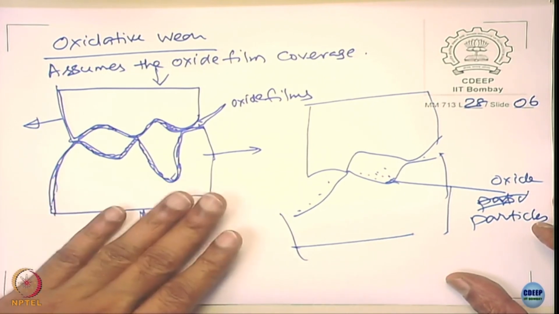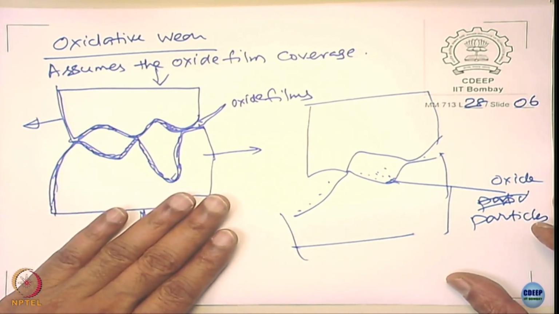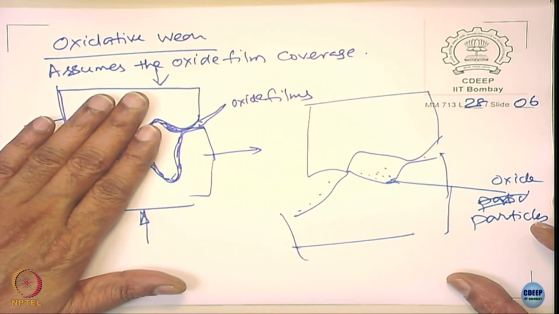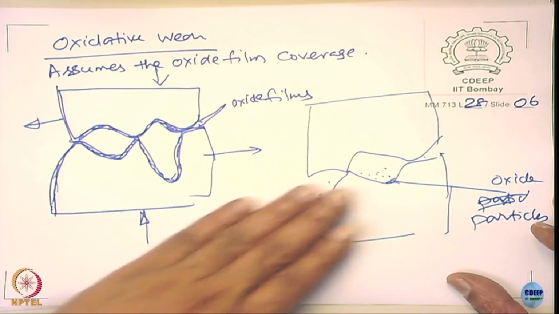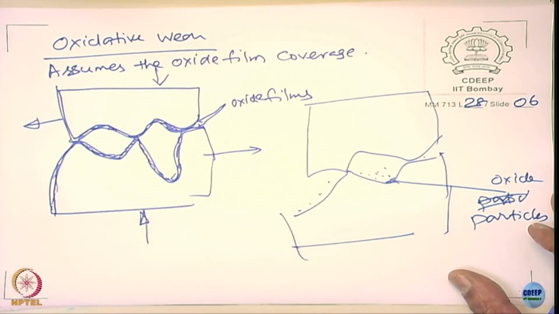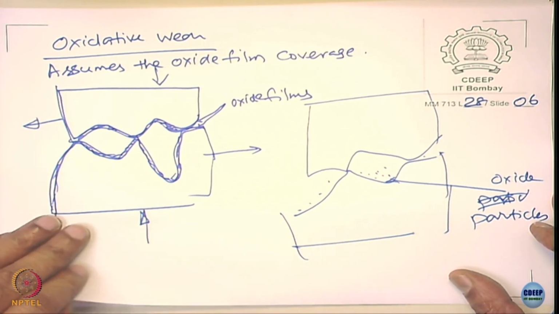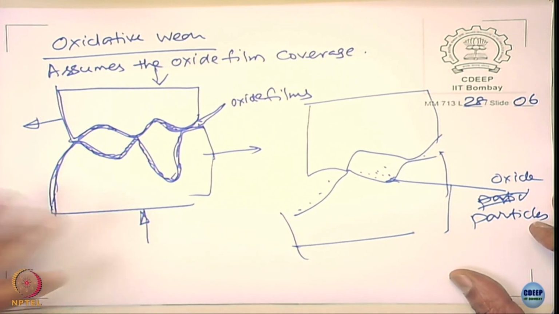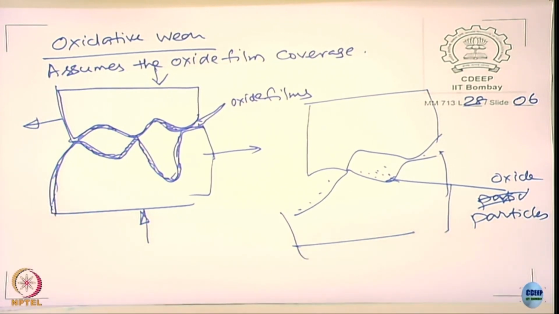The presence of these oxides at the interface damages the surface very severely. Why? Because these are all hard particles, and they are the reason for having a pit-like appearance, isn't it? And because the relative movement is not too much, these products accumulate within the interface.